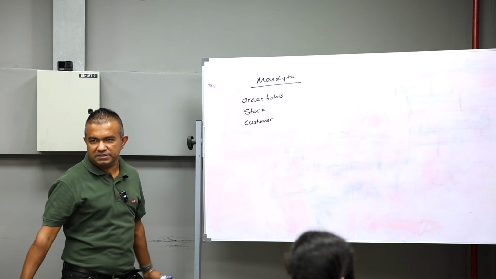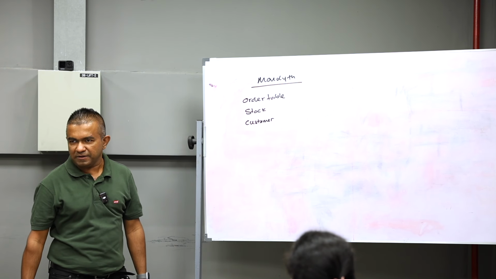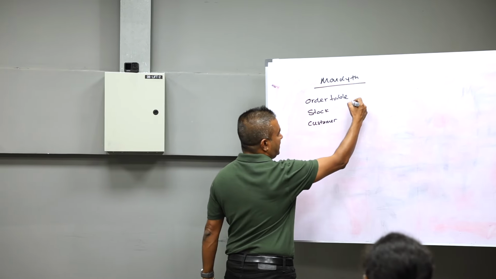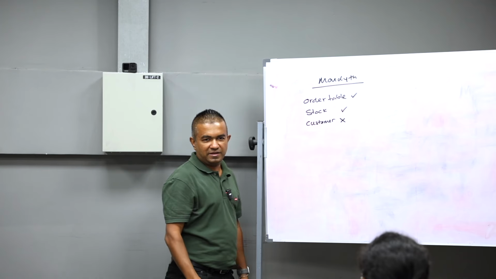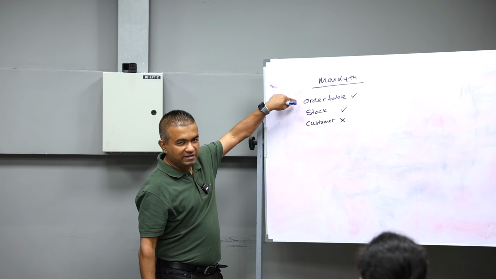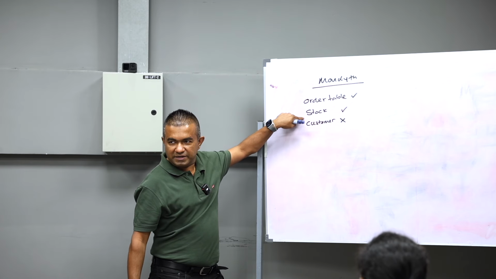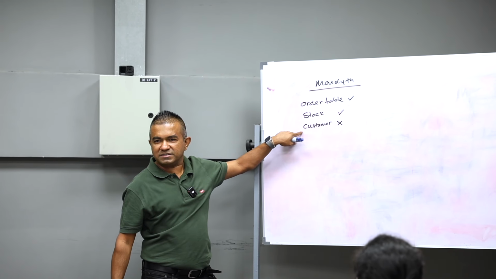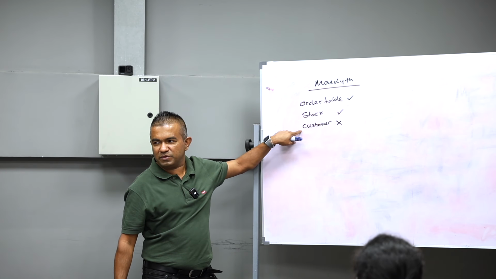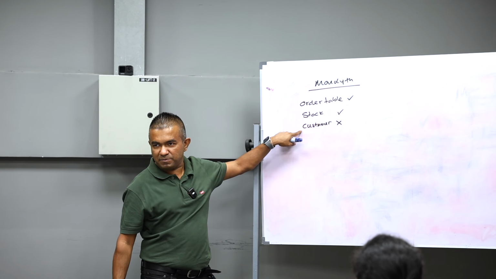There are 3 tables to update. Let us say this update is success, this update is success and this update fails. That means there is an order, the order reduced the stock, but the customer was not updated from the order. It is a problem.